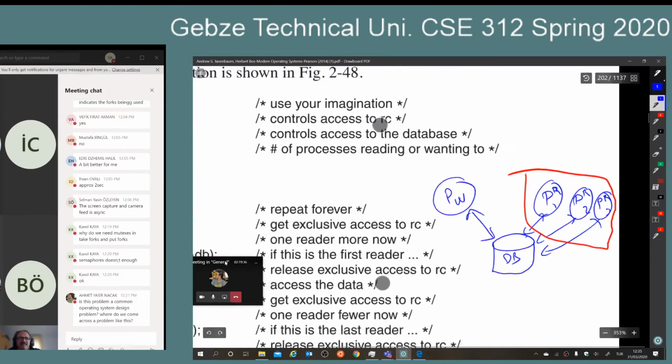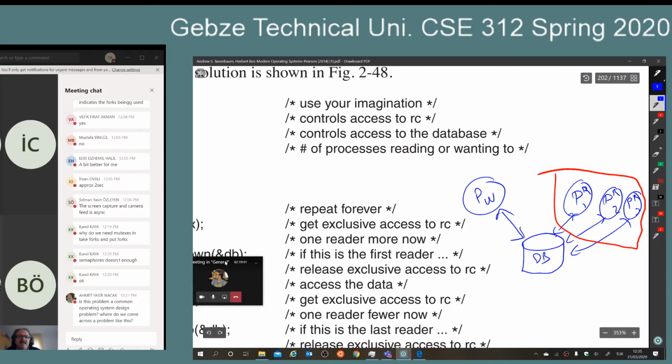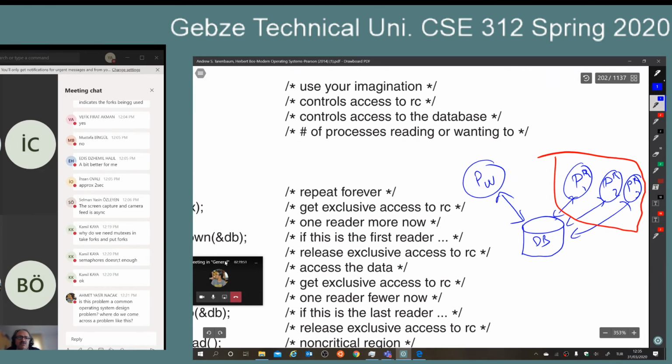The problem is this: you have a single database. If you are reading the database, there could be as many processes as you like. There could be 100 reading at the same time because reading doesn't break anything. But if somebody is writing to it, nobody should read it, right? So you should set up your mutexes and semaphores in a way that as many readers as possible are allowed at the same time.